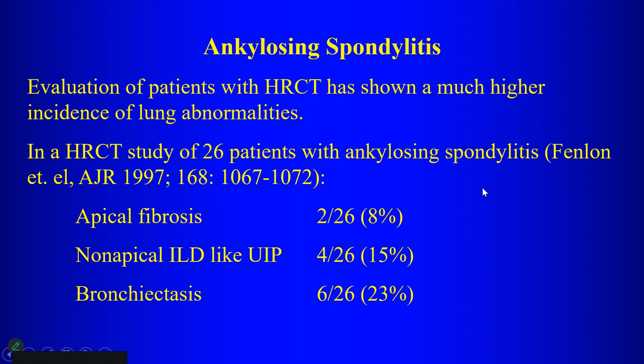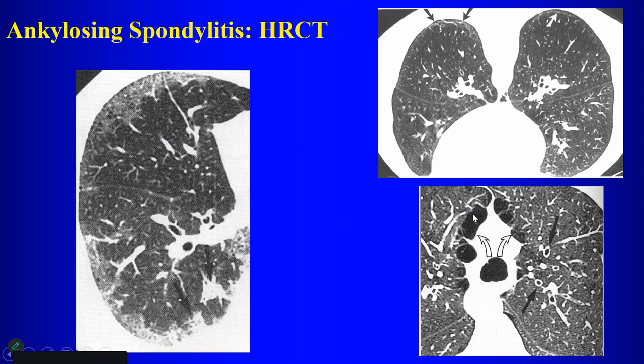These patients with ankylosing spondylitis, even when the chest X-ray looks normal, a significant percentage can have abnormalities on CT scan when we look at the lungs. They can have fibrosis or non-apical interstitial lung disease, sometimes even bronchiectasis. So they can have interstitial abnormalities, sometimes at the lung bases. Here we have an example with paraseptal emphysema and bronchiectasis.